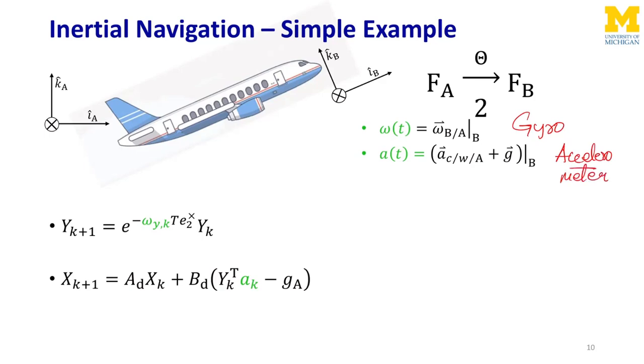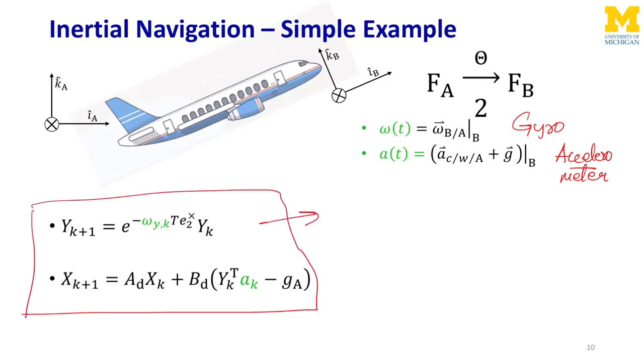This is the discretized Poisson's equations, and this is the discretized double integrator. So we know what AD is, we know what BD is, we know what this is because we measure omega y at every step, and that is going to give us this expression.